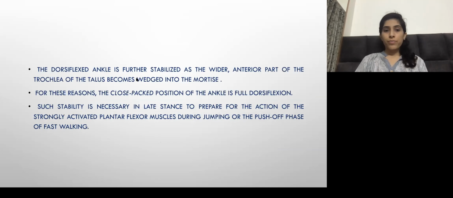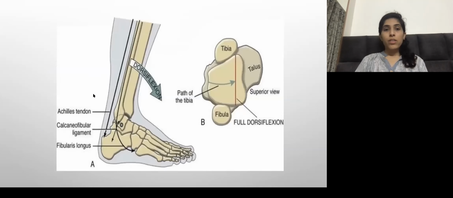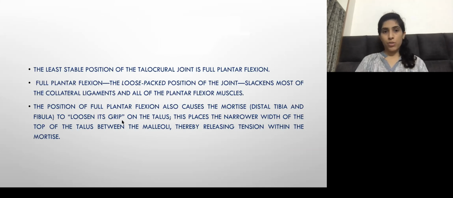Another word we can say is that it's a closed pack position. Here you can see the tibia and fibula moving on the talus. The talus gets locked into the mortise, and it provides the most stable position.